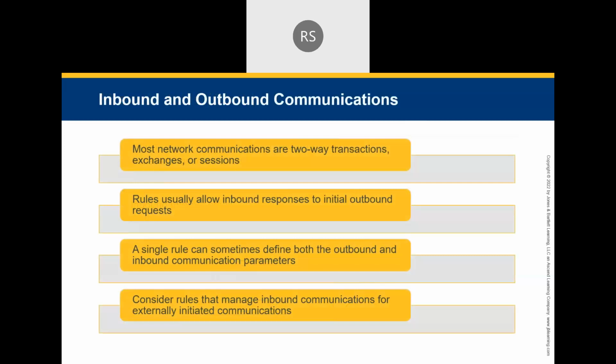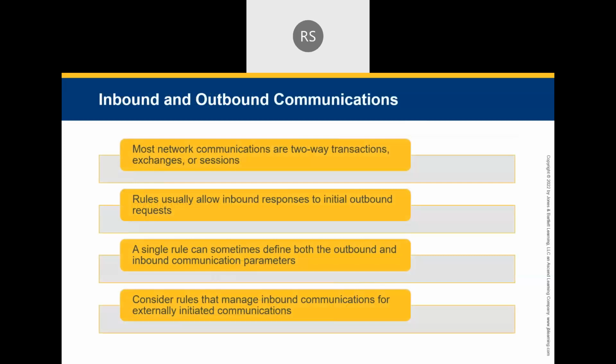Now, understanding how network communications function in two-way transactions is important for creating effective firewall rules. Most networks communicate in two-way transactions, exchanges where information exchange or sessions are established.